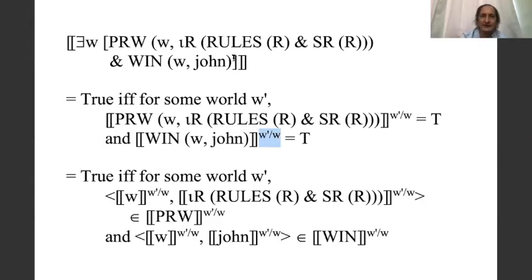And it requires that the two things that are being conjoined, this is one of them, and this is another one, those two things both have to come out as true. Okay. And then we just go through all of the formal calculation that is appropriate for existential interpretation in general.